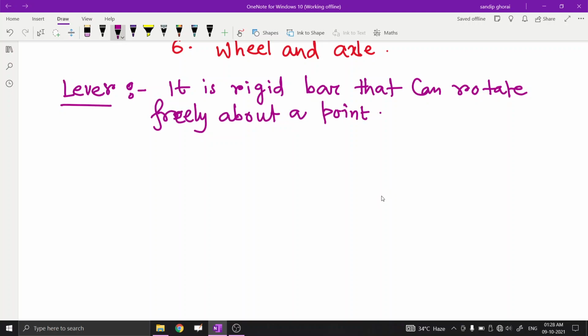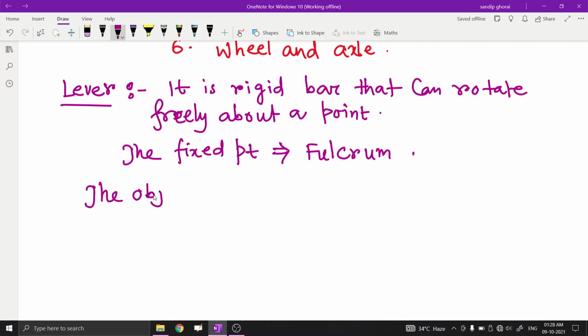The fixed point is called the fulcrum. The object to be lifted is called load, and the force applied on a lever is called effort.